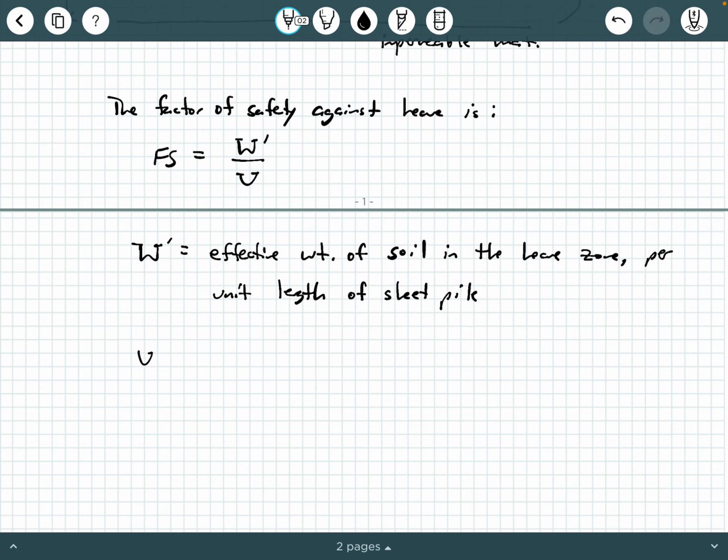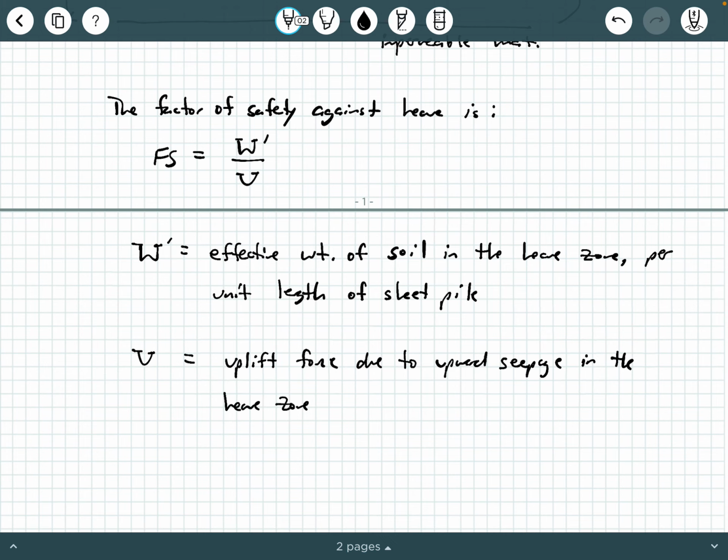And U is going to be the uplift force due to upward seepage in the heave zone.